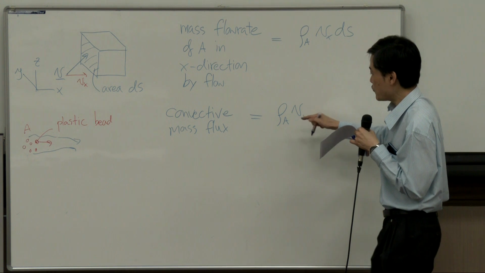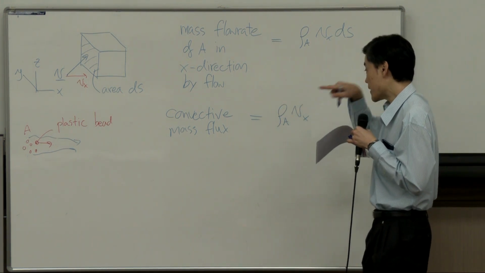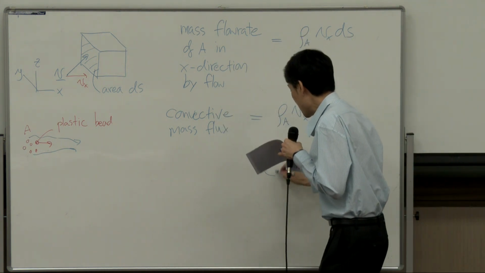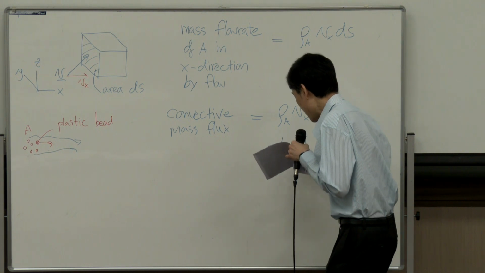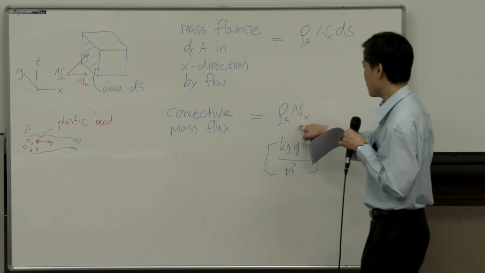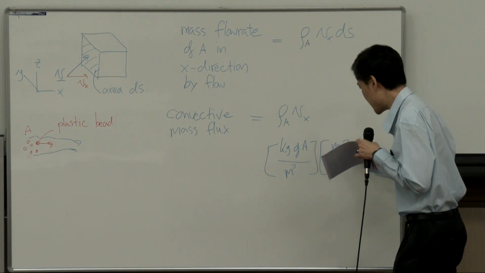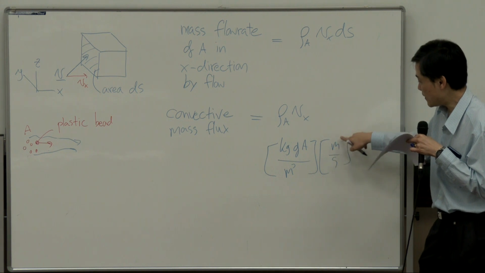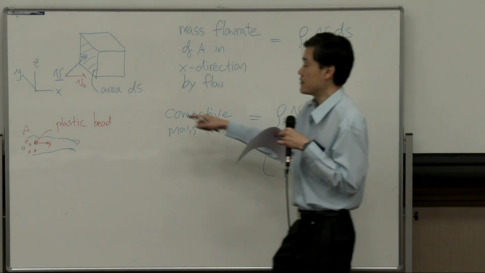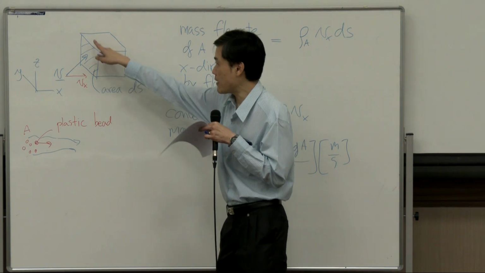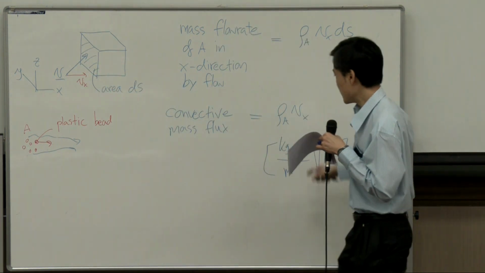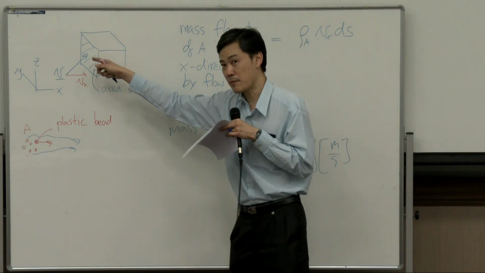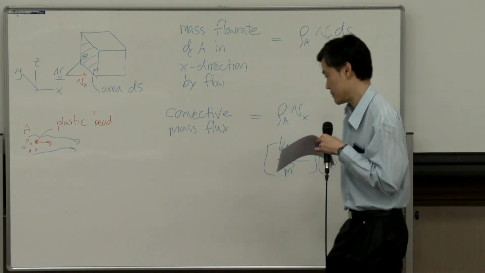So in similar manner, if you imagine a box here, rho A is kilogram of A within that box, and the unit would be kilogram of A per cubic meter. And you multiply by Vx, which is meter per second. This meter would be in x direction. So if you take meter or distance in x direction to cancel one of these, dimension in x direction will be gone. You end up with this highlighted area. So this is the traveling in x direction per unit area perpendicular to it. That's why it's called mass flux.